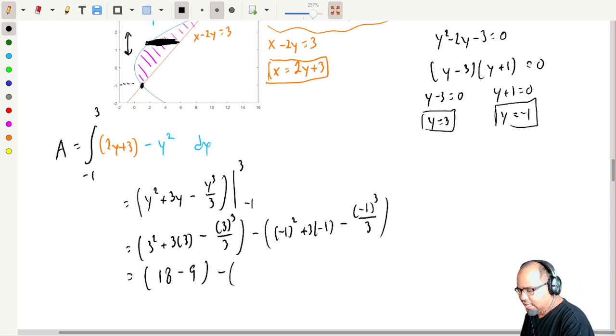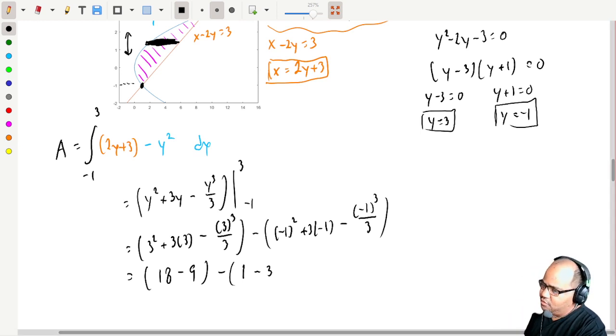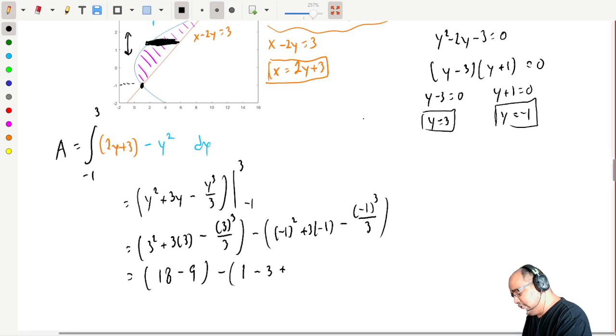Negative 1 squared is a positive 1. Plus 3 times negative 1, that's going to be a negative 3. Negative 1 cubed, okay, negative times a negative is a positive, times another negative is a negative. But then I have the extra minus sign there. That is a net plus 1/3.